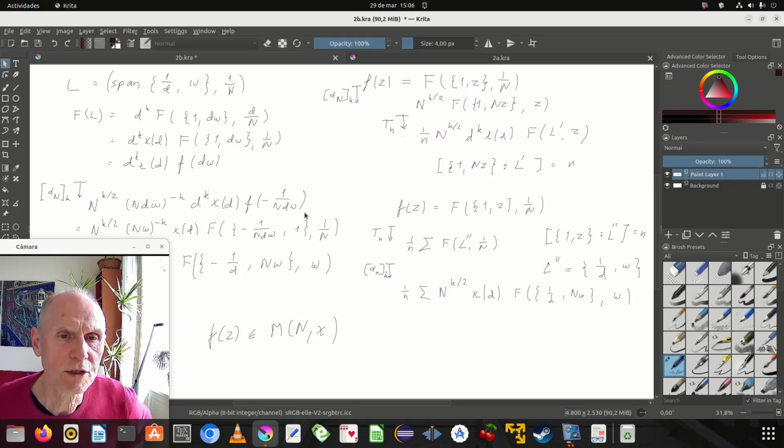transform the argument. Then we transform it to the capital F on this modular point, and we multiply n omega inside.